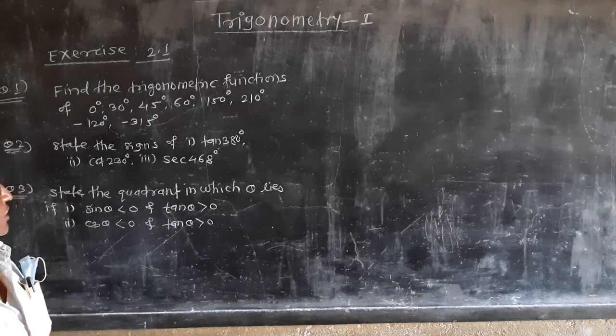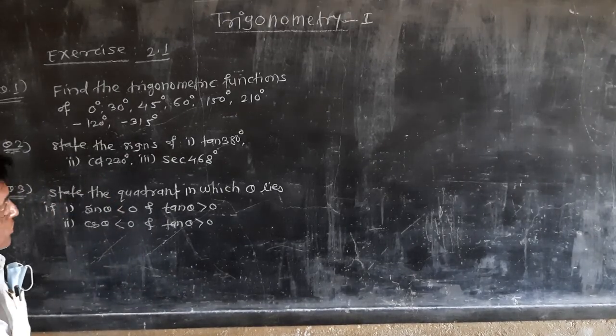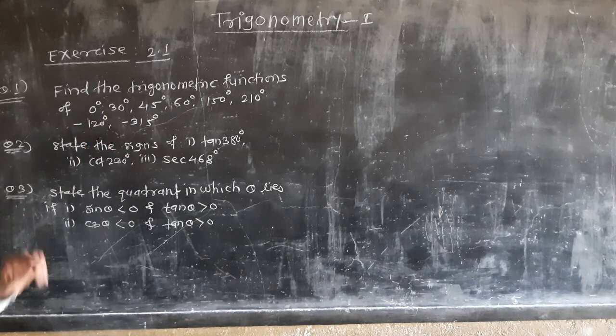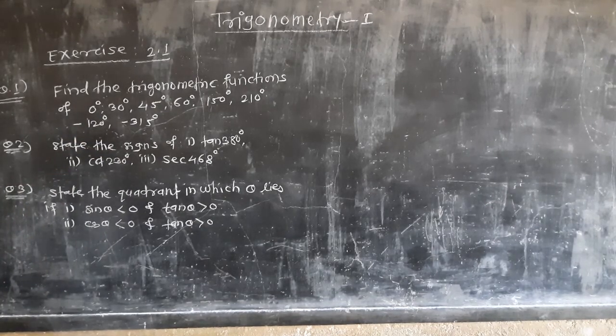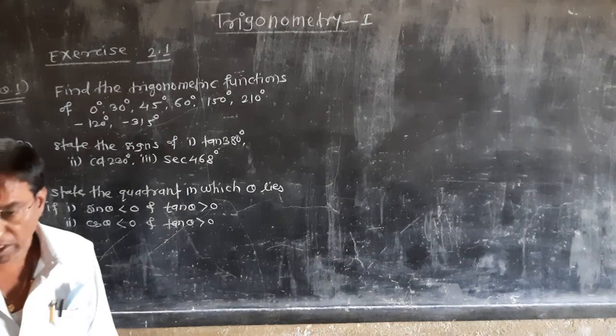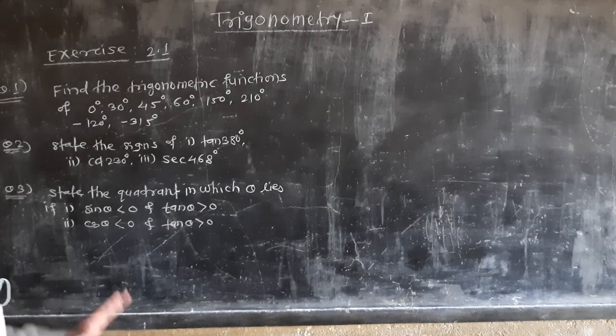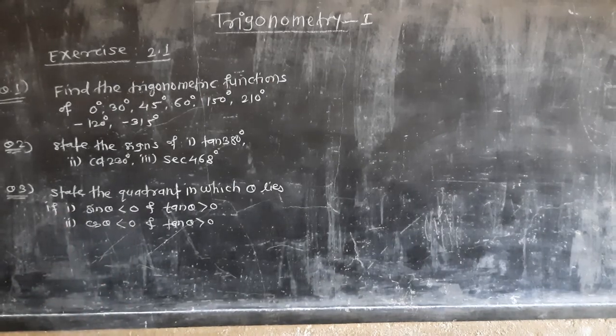Again we saw the standard values, meaning the values of the ratios at standard measures, that is 30 degree, 45 degree, 60 degree, like this. Again we saw the negative angles. So this required article we already saw.